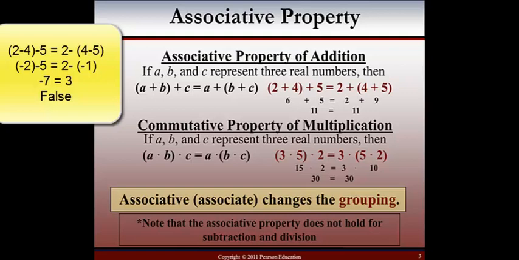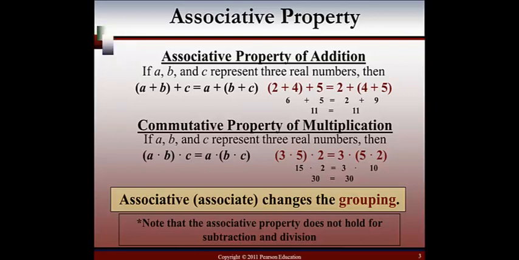And then if we do the parentheses on the right-hand side, that'll give us 2 minus a negative 1, which will give us a positive 3. Negative 7 does not equal positive 3. So that's just an example to show you that subtraction did not work in that case. We could do the exact same thing for division and show you that it doesn't work. So the associative property only works for addition and multiplication.